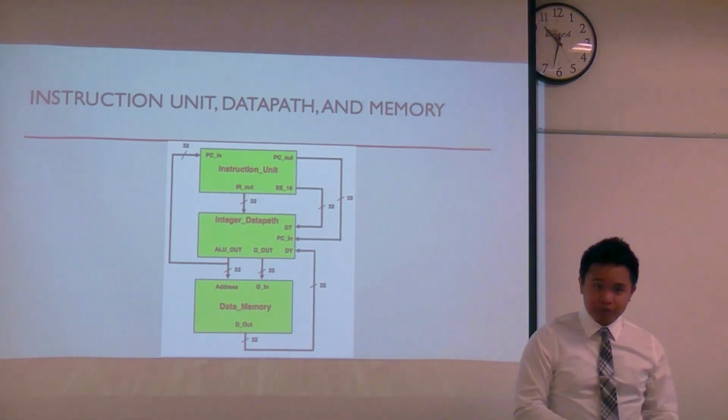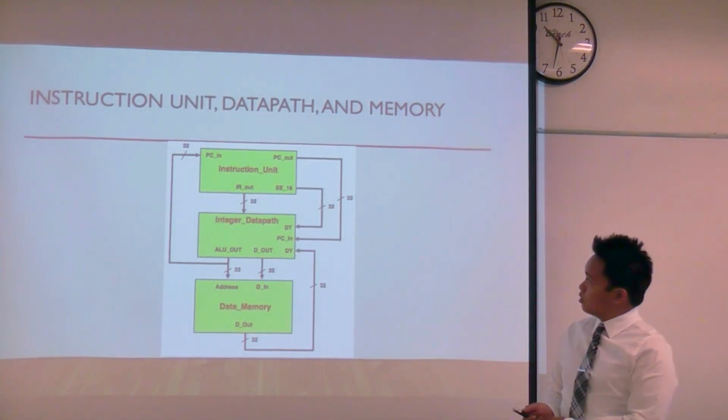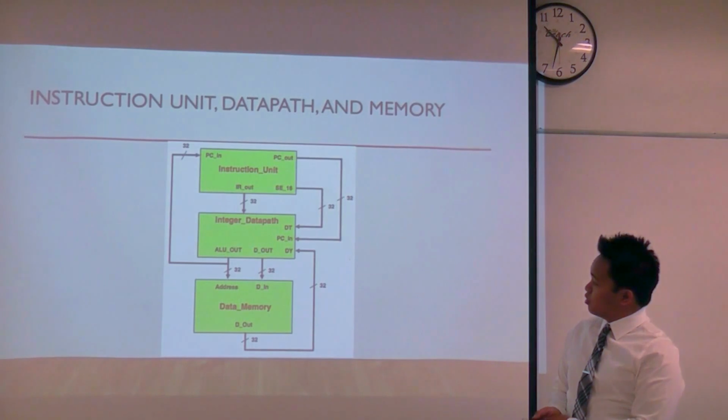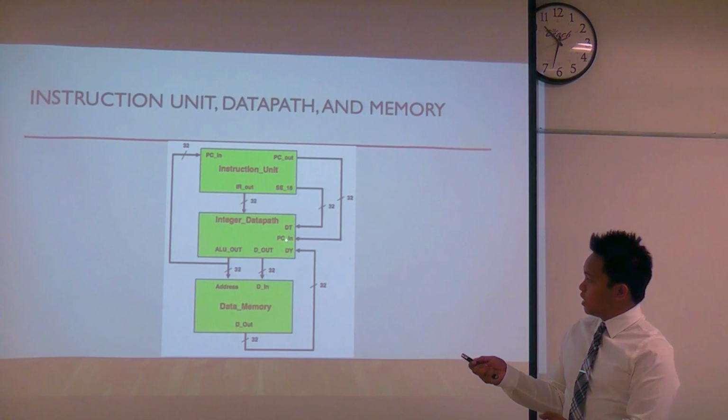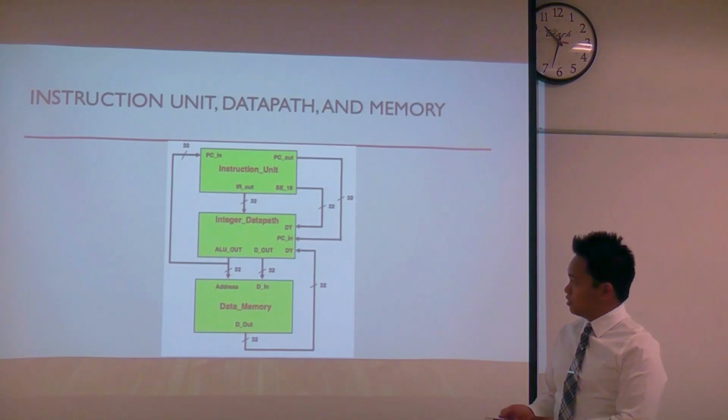Wasn't the PC out to PCN for the jump and link instruction? Jump and link, you needed to save the program counter to the register file, right? Oh, yes, PC out to PCN. We could save PC and then save it to the register file, or we can save it to memory. Got it.